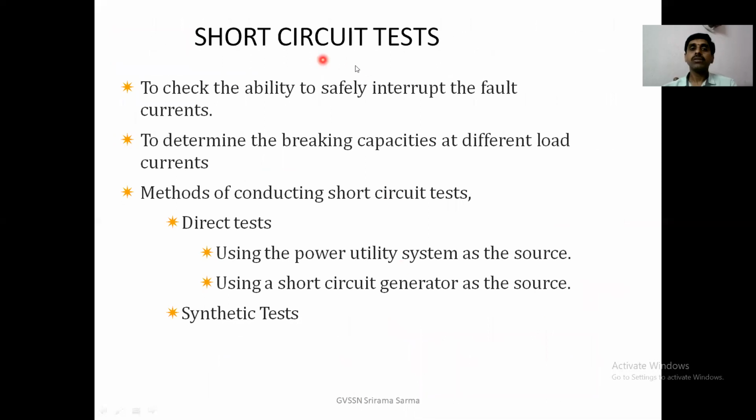As a summary of the short circuit tests, they are used to check the ability to safely interrupt fault currents and to determine the breaking capacities at different load currents. We have seen the methods of conducting short circuit tests: direct tests using the power utility system as the source, and using a short circuit generator as the source.